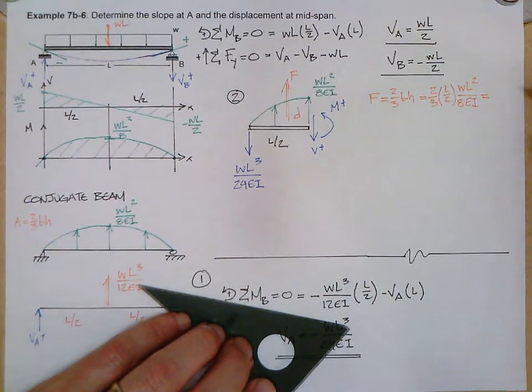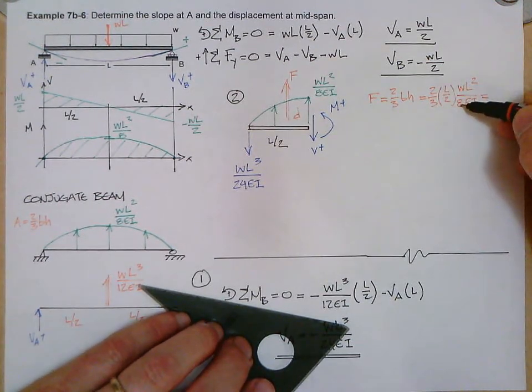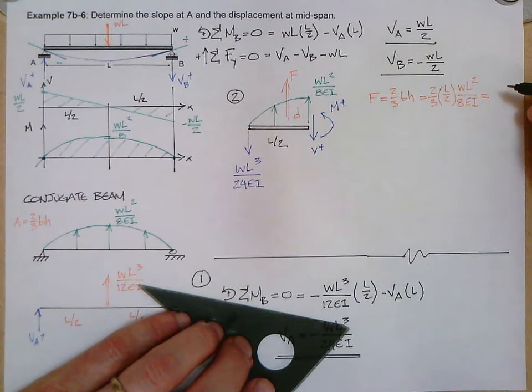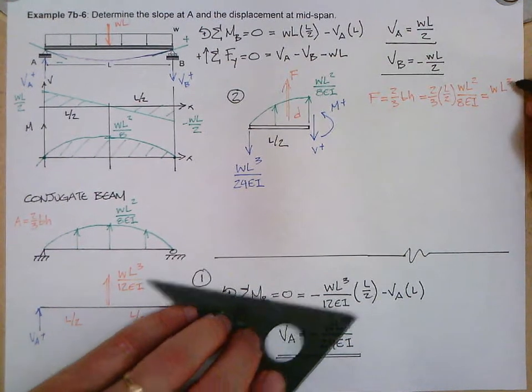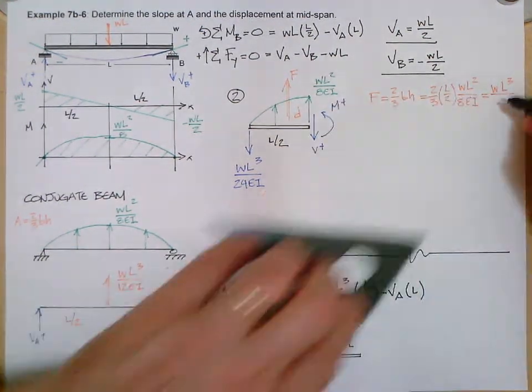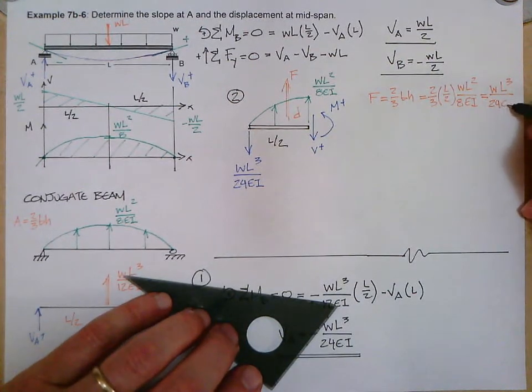And that turns into, let's see, the 2 makes that a 4. 4 times 3 is 12. Another 2, all those 2's cancel, so it'd be 8 times 3 is 24. So this is going to be WL cubed over 24EI.